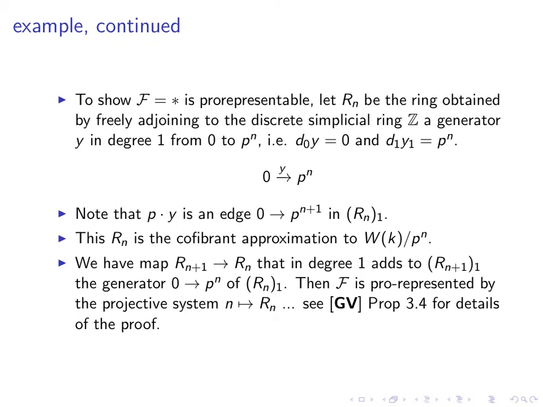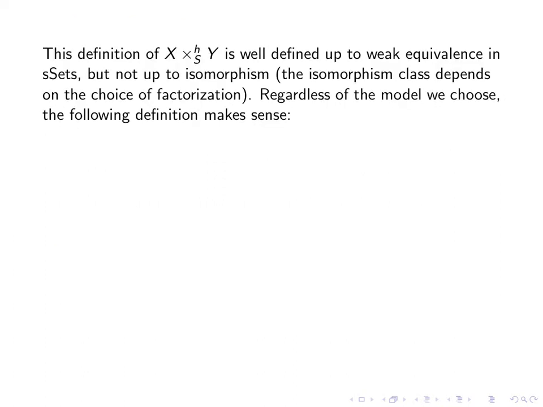This Rn is a cofibrant approximation to the Witt vectors in K mod P to the n. And we have these maps from Rn plus 1 to Rn. And then F is pro-represented by this projective system. The details, which I've skipped over, are in Galatius-Venkatesh, proposition 3.4.